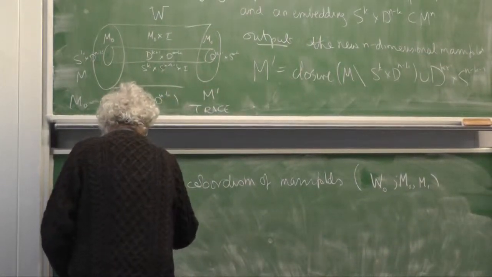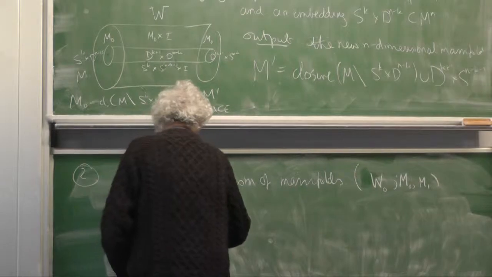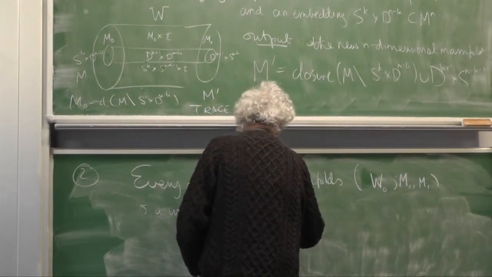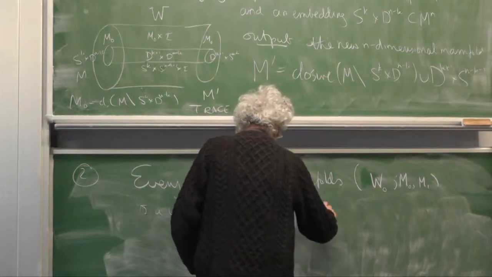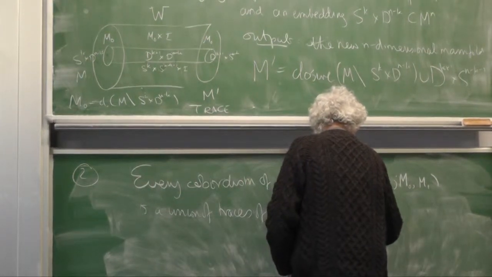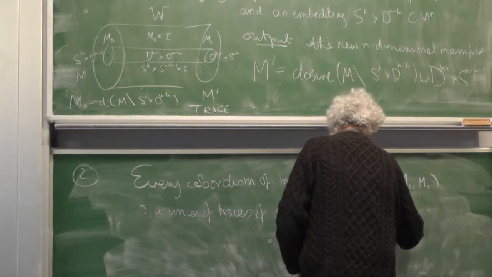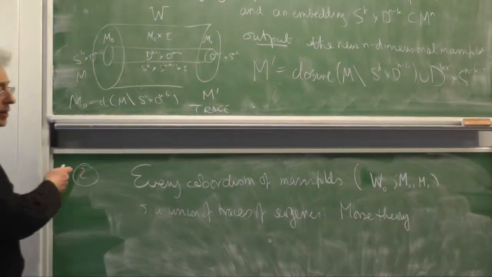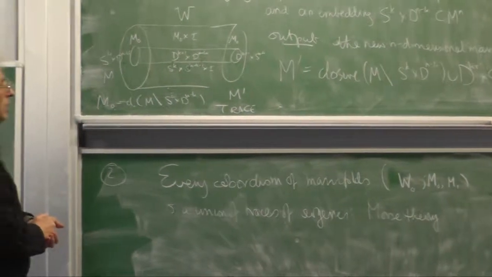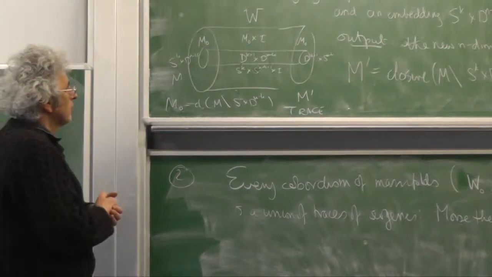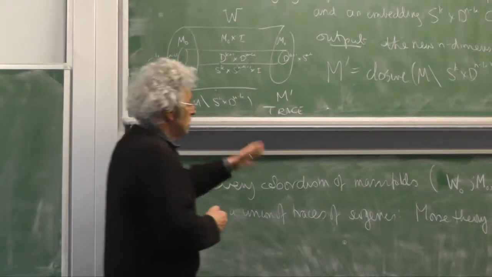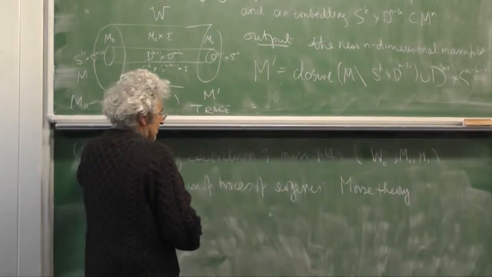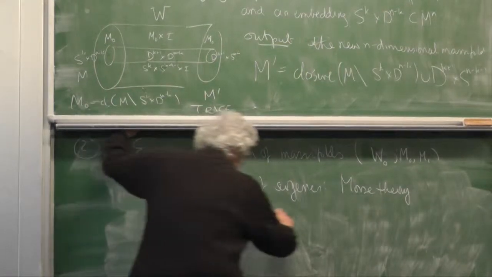Is a union of traces of surgeries as above. This is Morse theory. So this was the theorem of Milnor's, which not only was constructive in the sense of explaining how to construct one manifold from another by surgery, but more importantly, that it's not just every cobordism of manifolds.